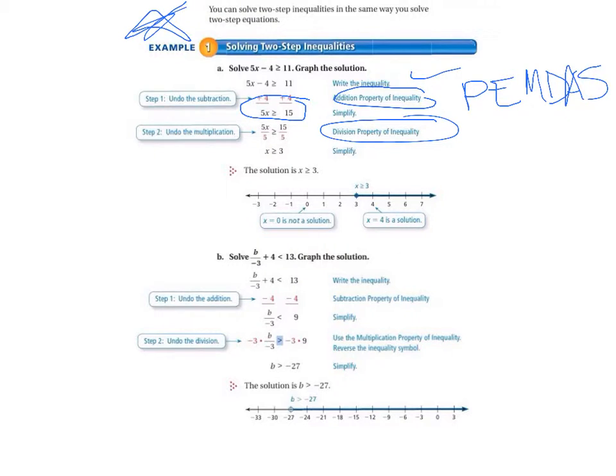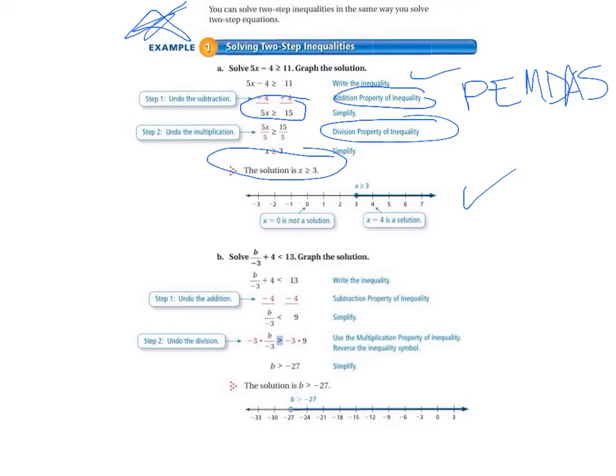So the solution is x is greater than or equal to 3. And we graph that using a closed circle because we have the greater than or equal to sign, and we shade the entire area to the right on the number line. We check our solution. x equals 0 is not a solution, and x equals 4 is a solution.